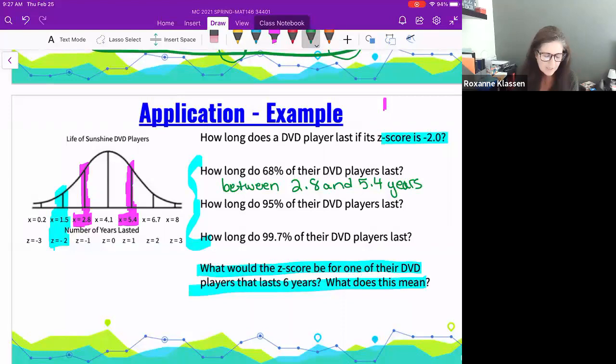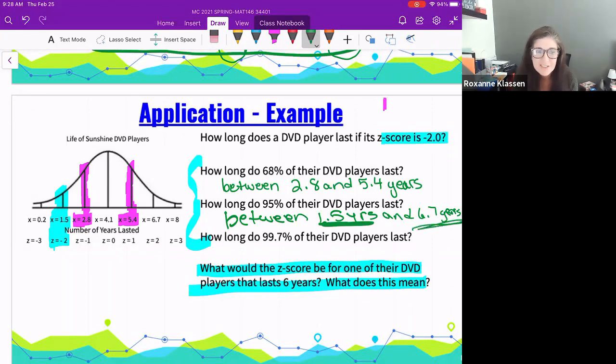Okay, so on the next one, I'm hoping you said it was between 1.5 years and 6.7 years. Now, I want you to think about this, right? Because if it's you buying the Sunshine DVD player, how likely is it that you get the 1.5 year one and you're mad, compared to somebody else who buys it and theirs lasts almost 7 years.